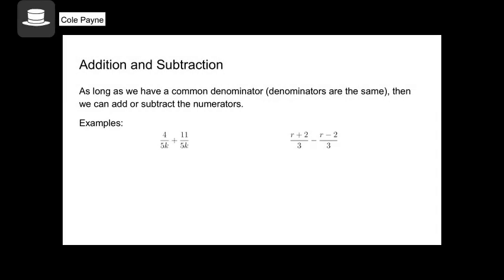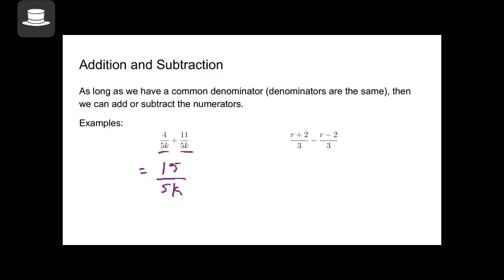Okay, so now with addition and subtraction, as long as we have a common denominator, then we can just add or subtract the numerators just the way that we always would. Okay, so for the first one, all I have to do, because I have a common denominator of 5k, is say 4 plus 11 is 15. And then my denominator stays the same of 5k.